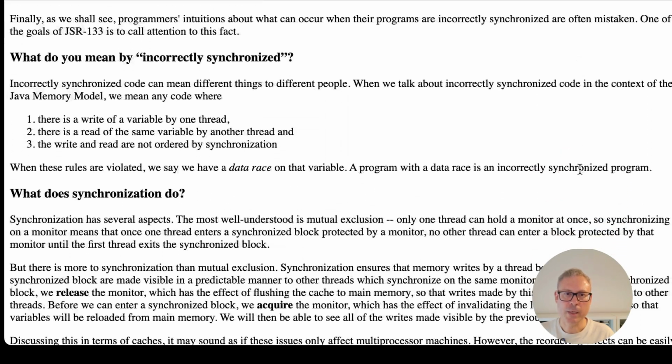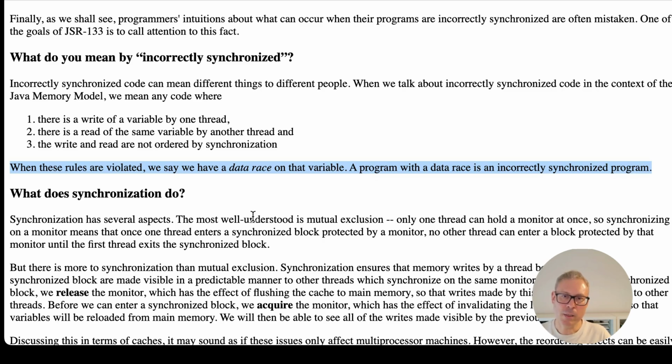And a data race means that we have a read and write access to the same variable, which is not synchronized. So there is no volatile access in between. There is no synchronized block in between. Every time you have such a situation, there is a data race.